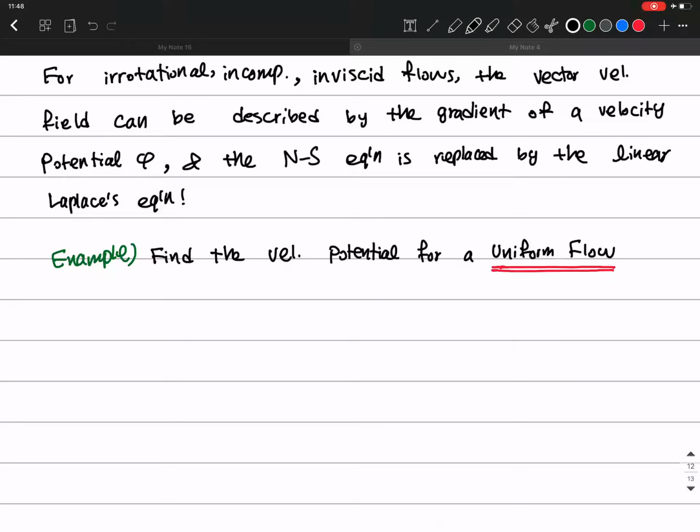So by a uniform flow, we mean if this is x direction and this is y direction, the velocity vector is going to be u i, just a constant, right?